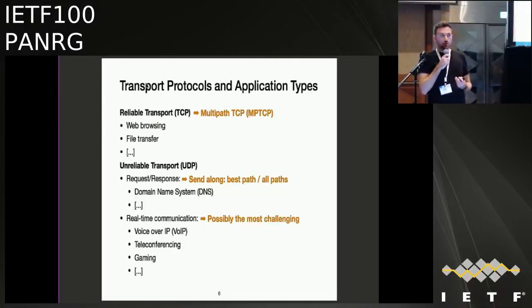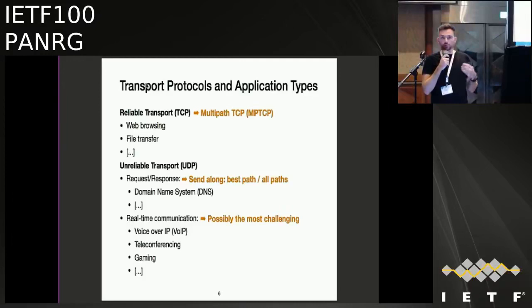So web browsing, for example, latency matters, but the critical requirement is that contents be delivered completely and correctly eventually. And then we have applications that prefer to trade this complete reliability for a very low latency. So for something like a simple request and response protocol, multipath communication might not be the most interesting.